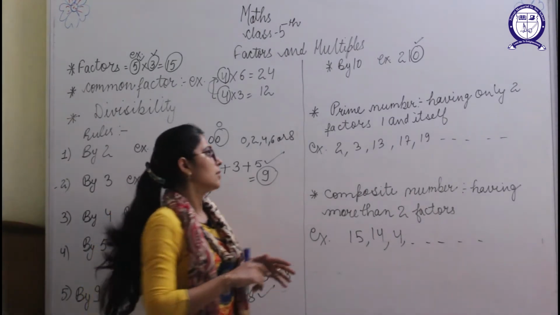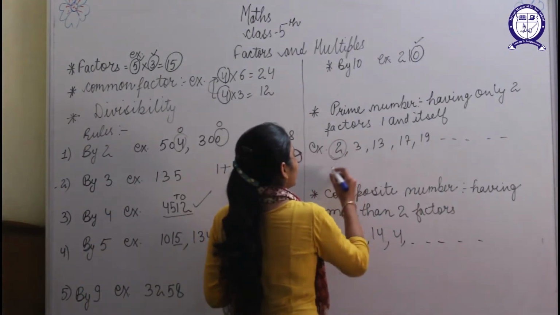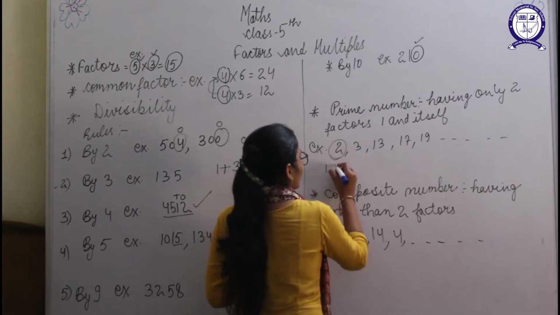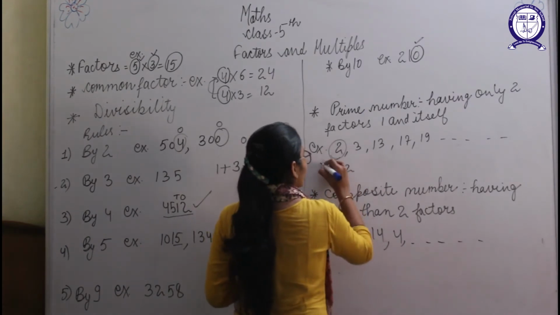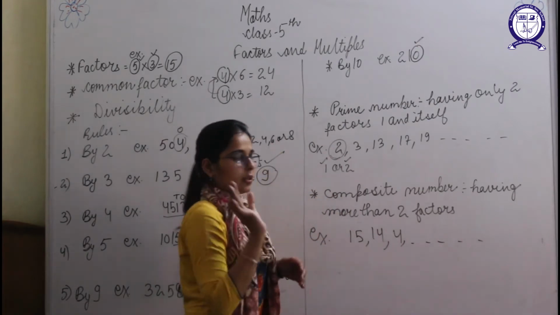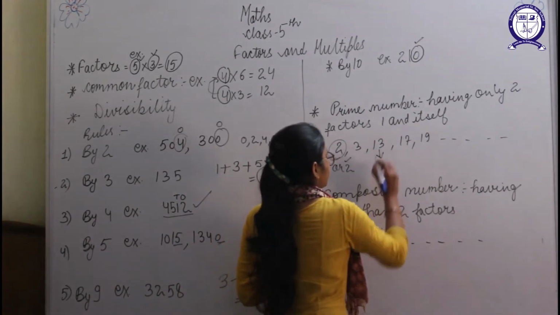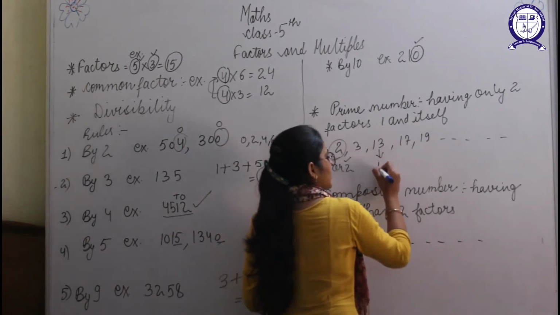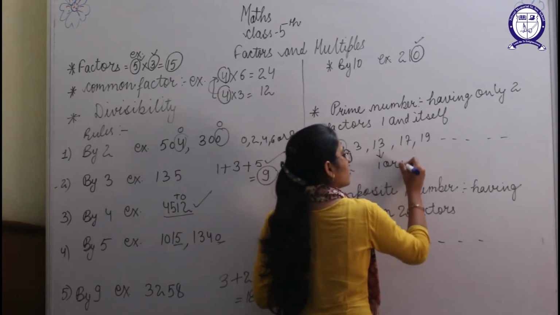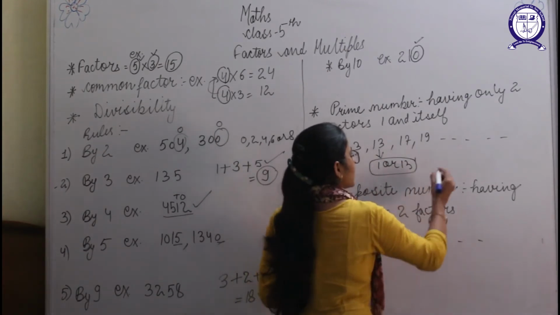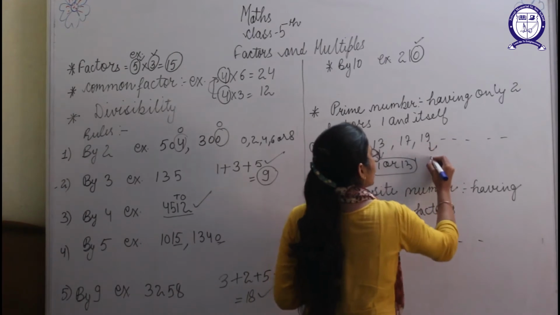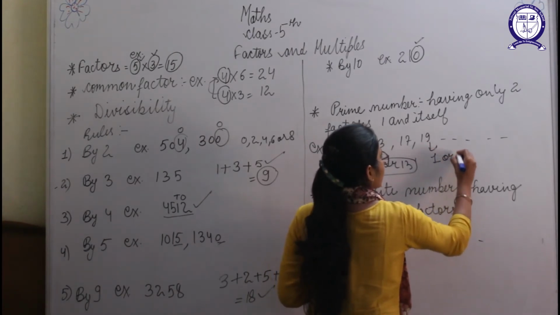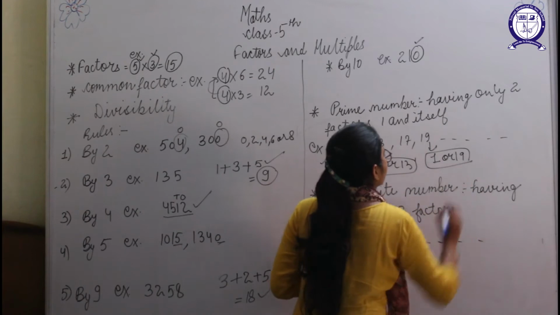Suppose we have 2, it can be completely divided by 1 or by 2 only. So the factors of 2 are 1 and 2 only. For 13, it can be completely divisible by 1 or 13 only. Yes, these are prime numbers. 19 is also completely divisible by 1 or 19. So these are prime numbers.